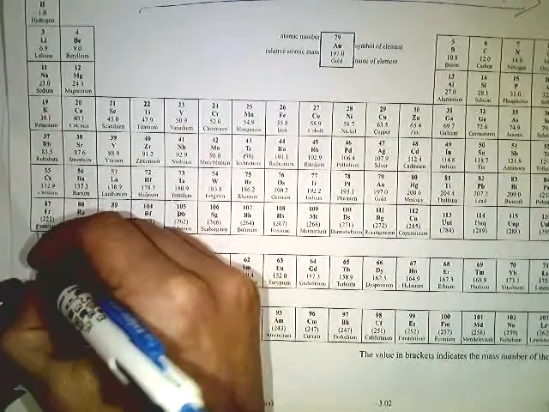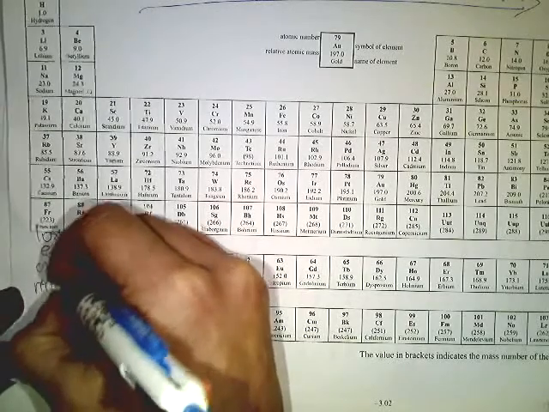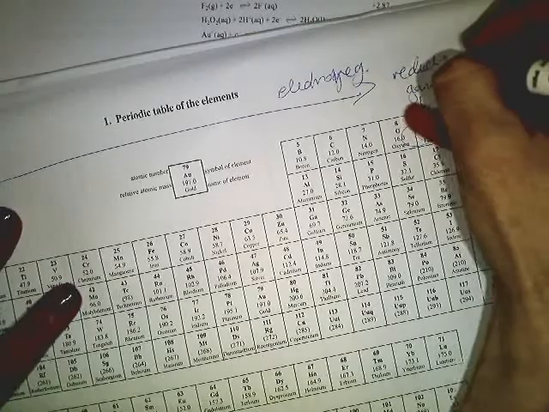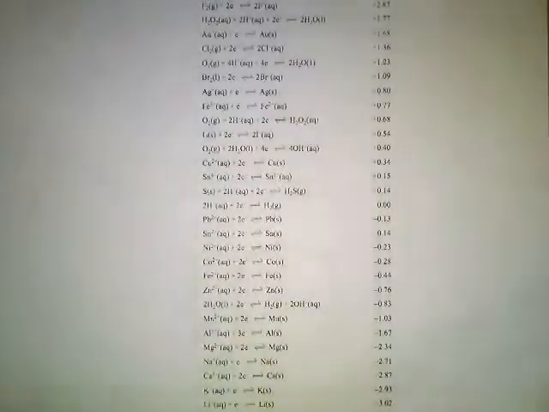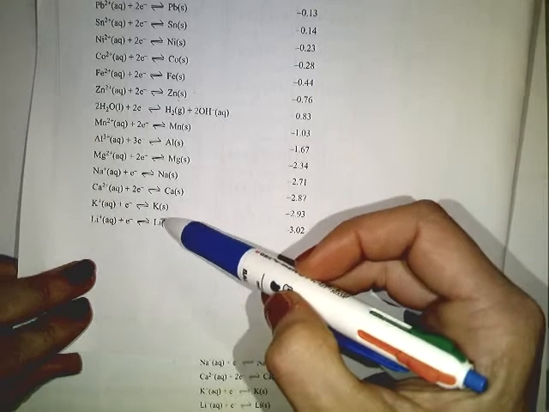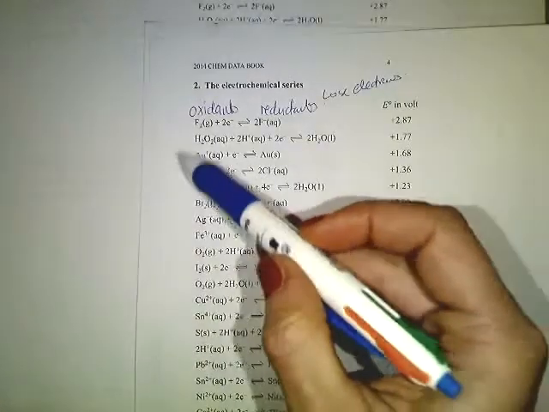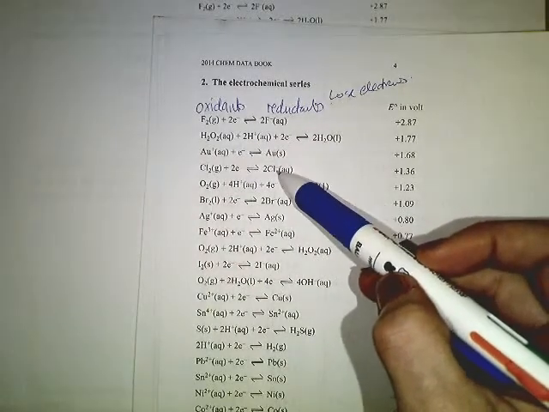So these are more likely to be oxidized and are strong reductants, whereas these are more likely to be reduced and are strong oxidants. The ones in groups 1 and 2 at the bottom are likely to be oxidized, so their reactions are more likely to occur like this, whereas the top ones are likely to be reduced, and their reactions occur like this.